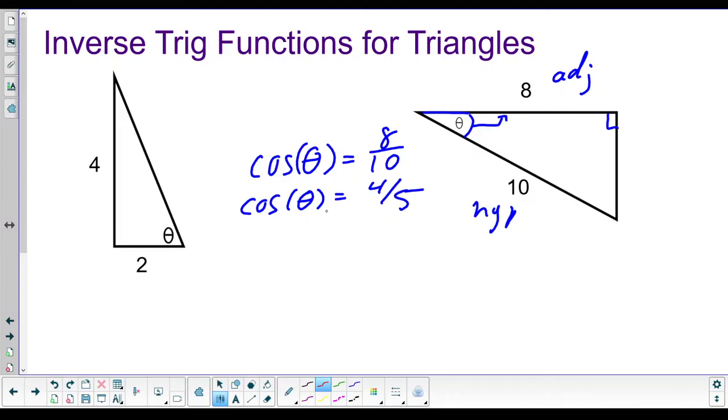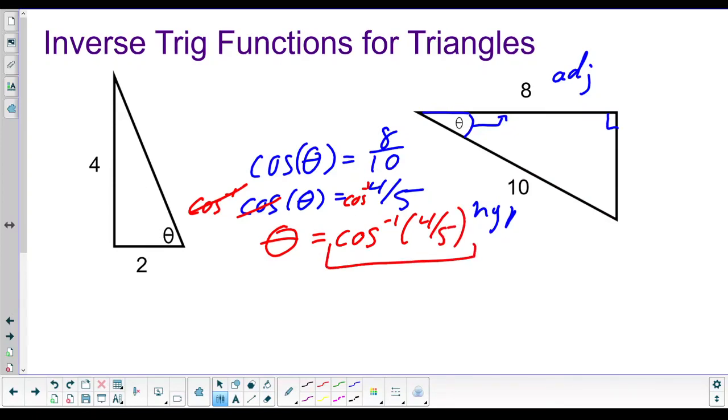Now to get the theta by itself, we need to do the inverse trig function on both sides. So we're going to do inverse cosine, inverse cosine. The inverse cosine cancels the cosine and frees my boy theta. Then we have cosine inverse of 4 over 5.